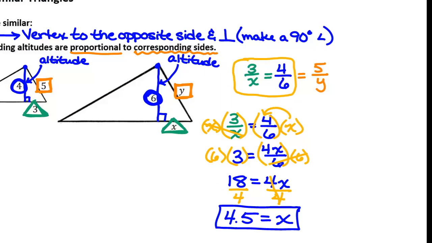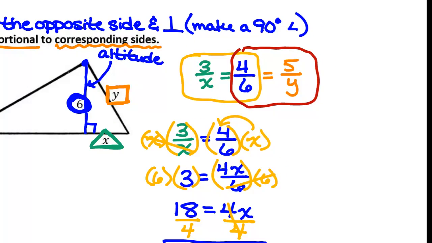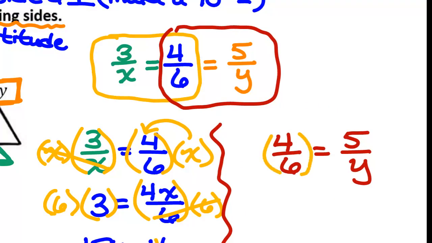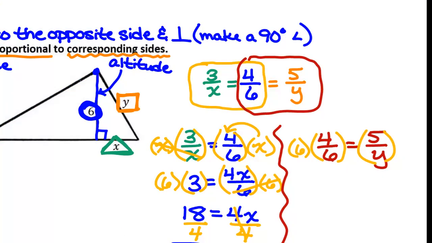All right. Let's also solve the proportion for y. So I'm going to set up this equation. 4 over 6 equals 5 over y. So I'm going to multiply both sides by my denominator of 6. Cancels my denominator on the left, only multiplies to the numerator on the right.